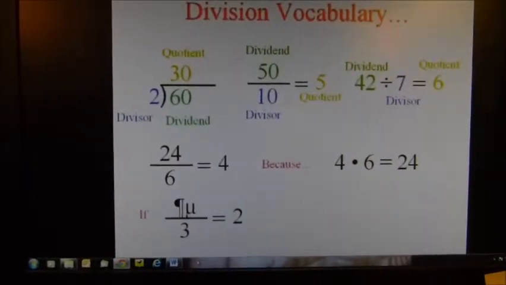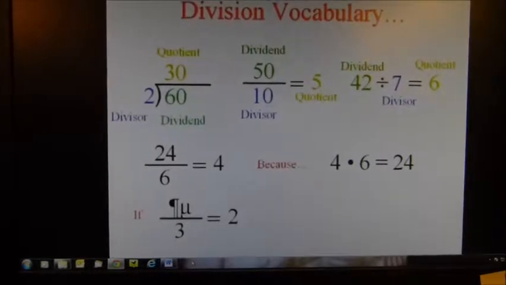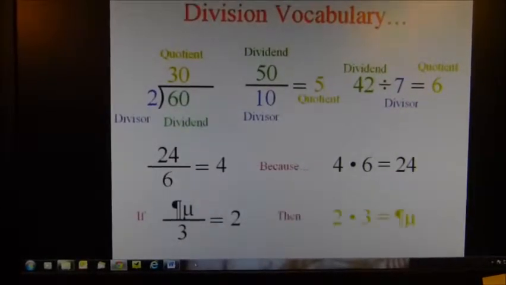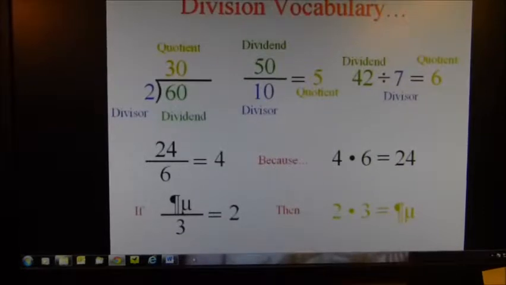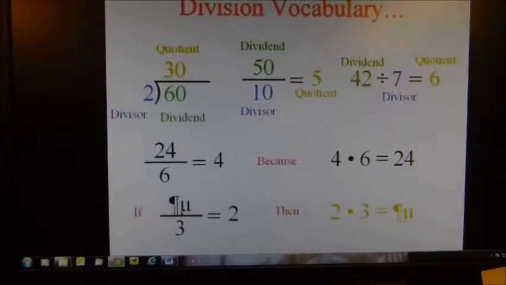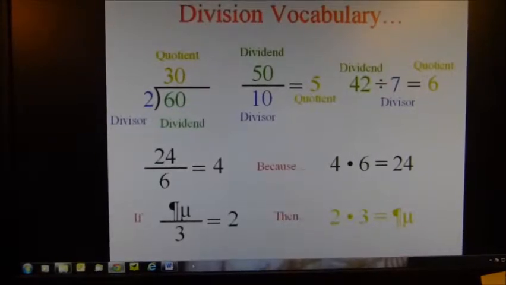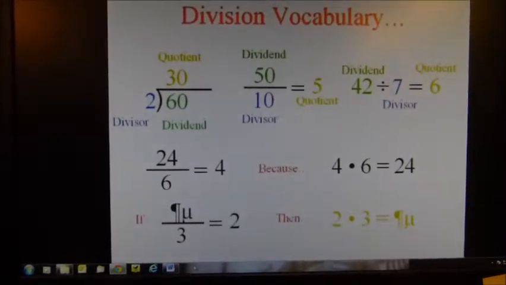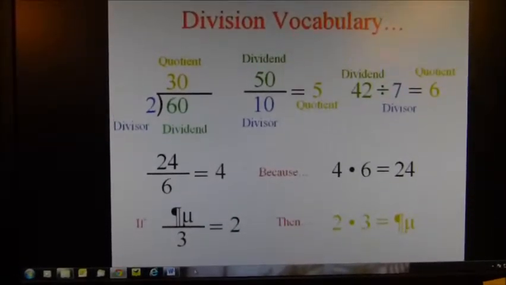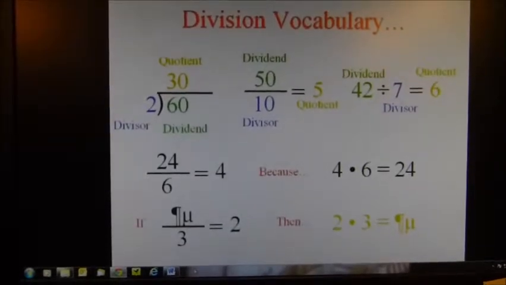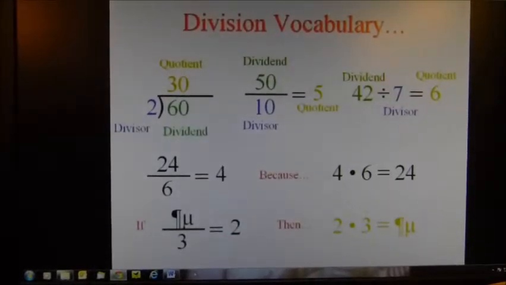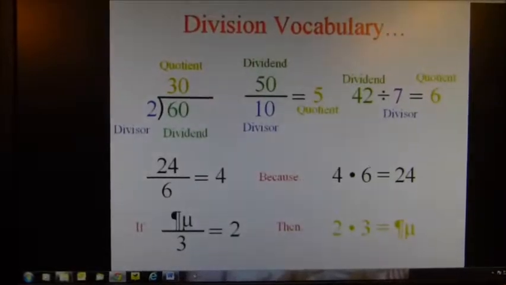Hookajapoo divided by 3 equals 2, apparently, if 2 times 3 equals hookajapoo. I don't even know what it is, but I know it works if I can check it with multiplication. So just note that multiplication is the inverse, or the checking, of division. That's basic. You'll need to know that.